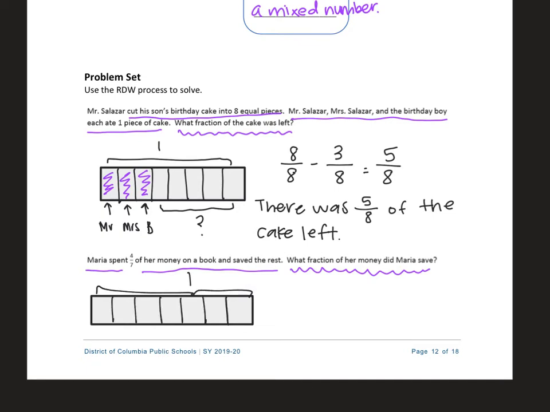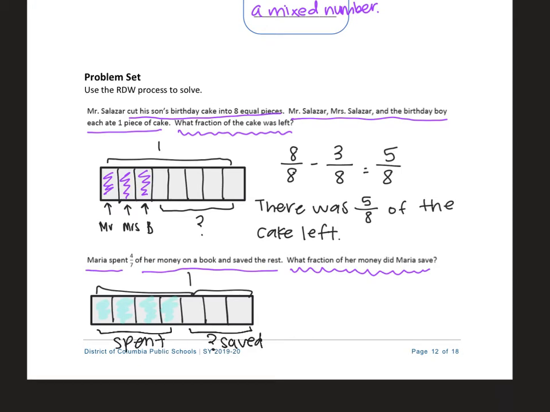I know that she spent 4/7 of it. 1, 2, 3, 4. That's how much she spent. Okay? And I know that this is how much she saved, which is what we're trying to find out. Okay? What fraction of her money did Maria save?